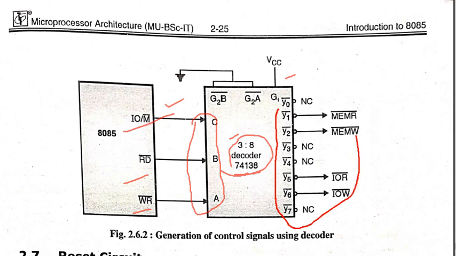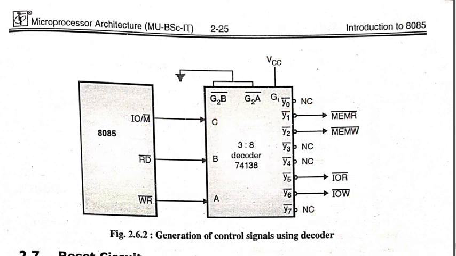So the 8 outputs are these: MEMR bar, MEMW bar, no connection, no connection, Y3 and Y4, IOR bar and IOW bar, these are also active low signals. Y7 is again no connection, and VCC for the operation of this IC. So that is the 3:8 decoder pin diagram, which is interfaced with the 8085 system.